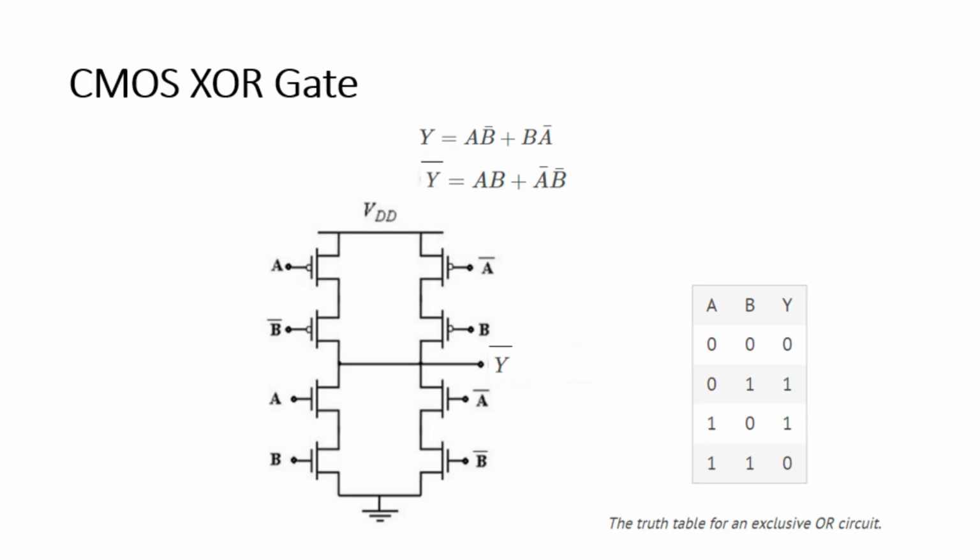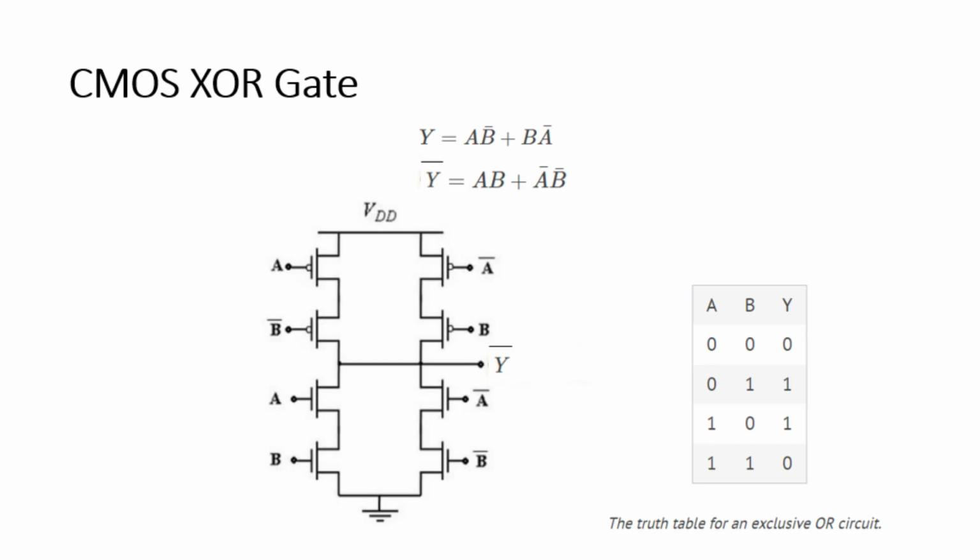So first of all, let's discuss how to make a CMOS exclusive OR gate. For that, we need the logic equation. Now, we know that the output Y is equal to A B bar plus B A bar. And if you recall, a CMOS based gate generates an inverted output.